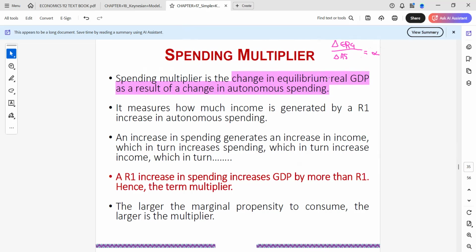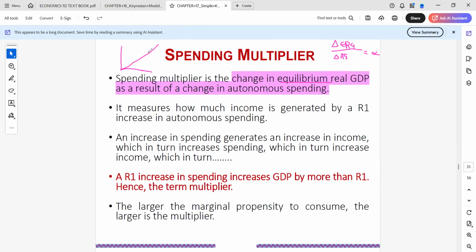And then your equilibrium real GDP, we know that at equilibrium, here, this is our 45-degree line, right? Where we said any point along the 45-degree line is basically showing us all the possible equilibrium points.